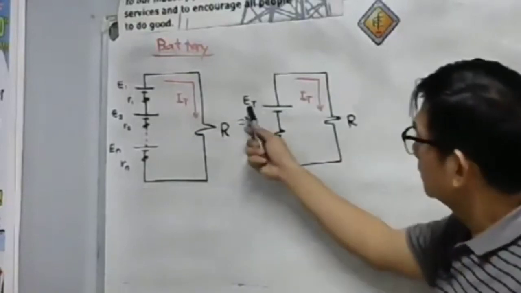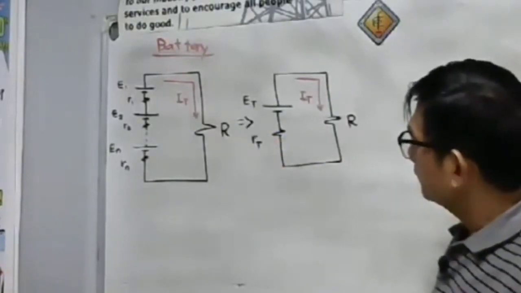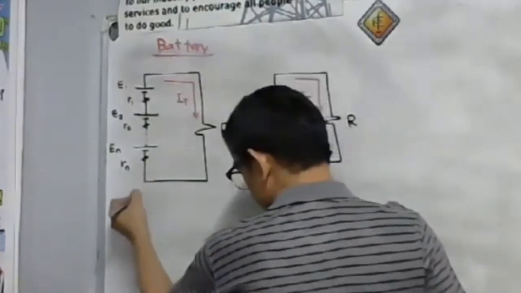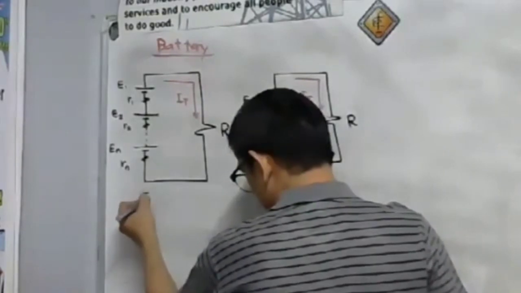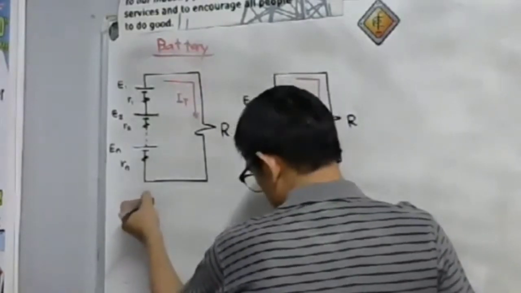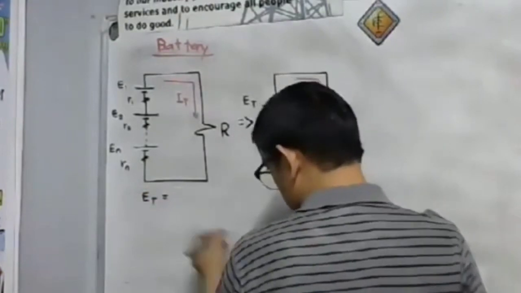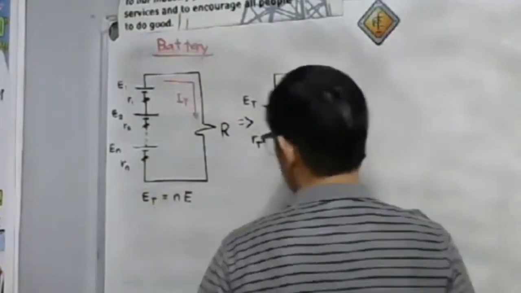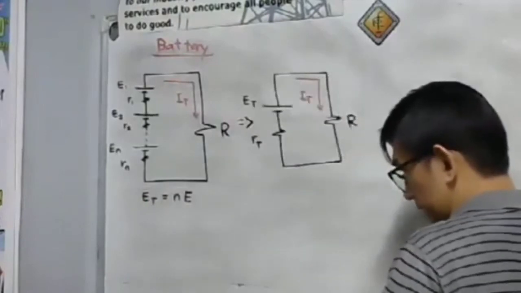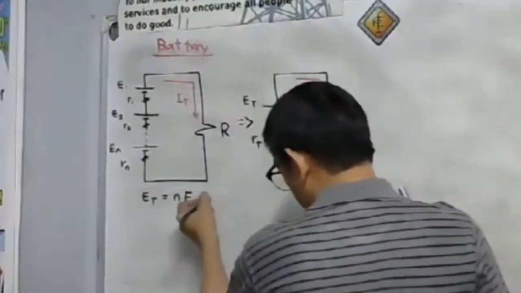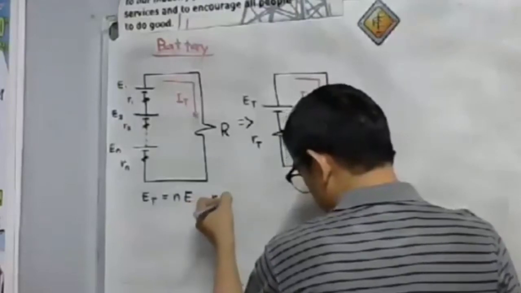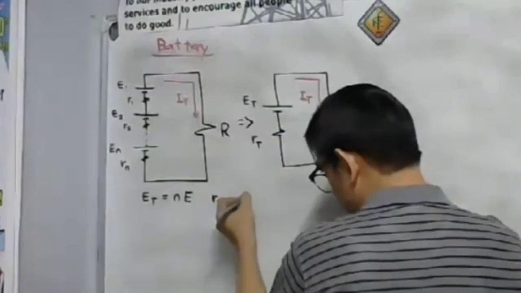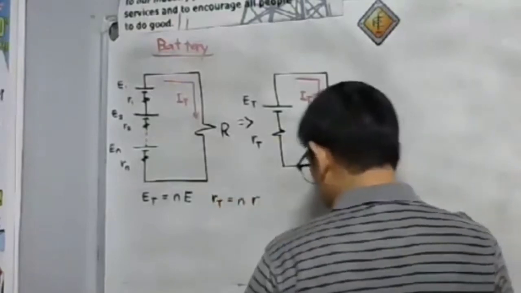If the cells are identical, our E total is simply N multiplied by the internal EMF of each battery. Our RT is simply equal to N, the number of cells, multiplied by the individual internal resistance.